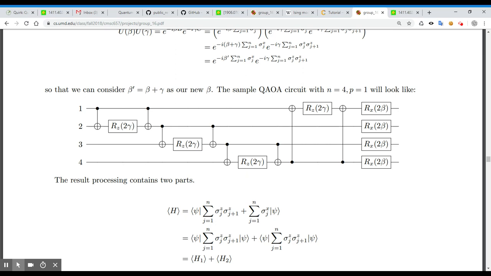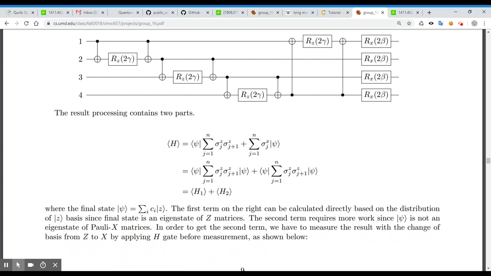So it's a bit different. But then they also mention here that you've got to process the results, you've got two parts, H1 and H2. One is this part over here, another one is this part over here, I understand. Don't get it though. They seem to be the same. This seems to be absolutely the same. I don't get it, because it should be these, maybe.